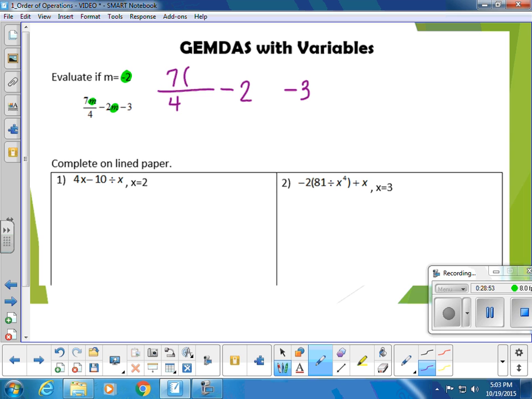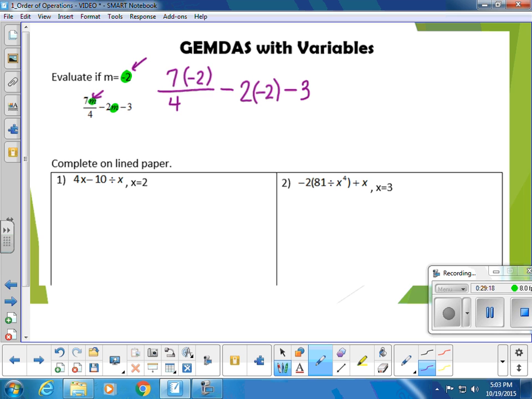Every place I see an m, I'm going to put parentheses because that's no longer m. I now know that m is equal to -2, which means I'm going to replace that m with a -2. So that's why we put the parentheses there, to put the -2 inside. That's all I did. I took m out of there and replaced it with a -2.